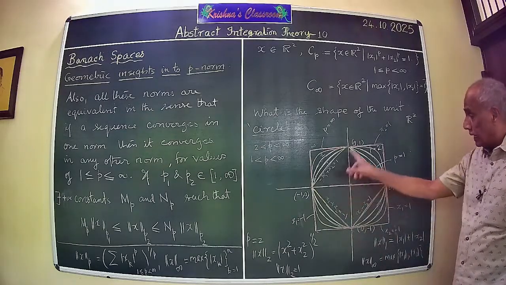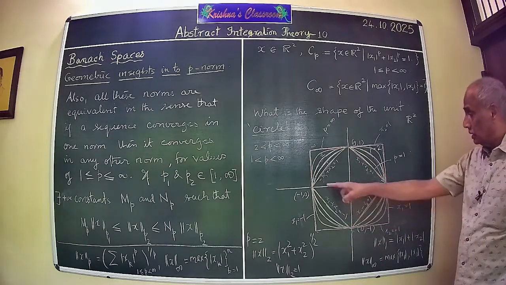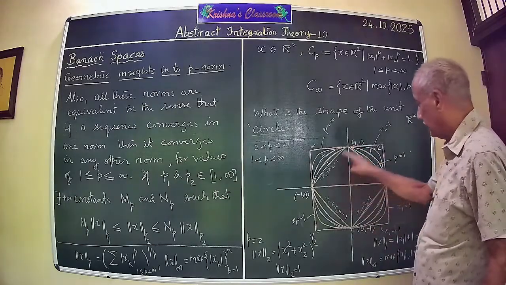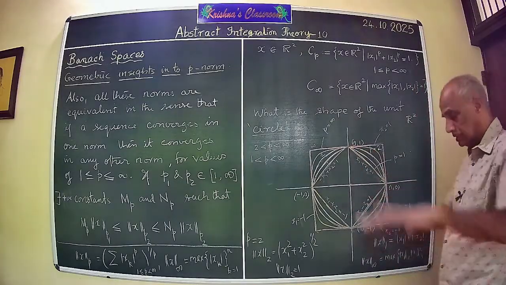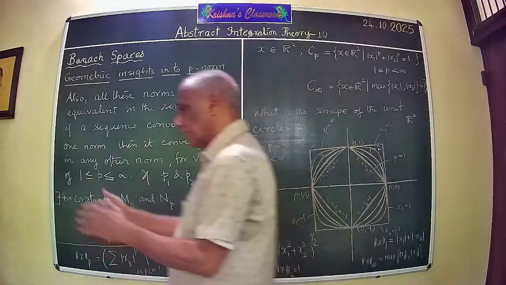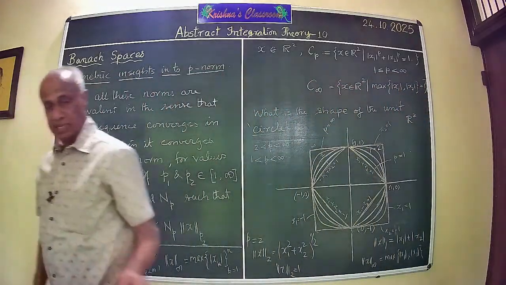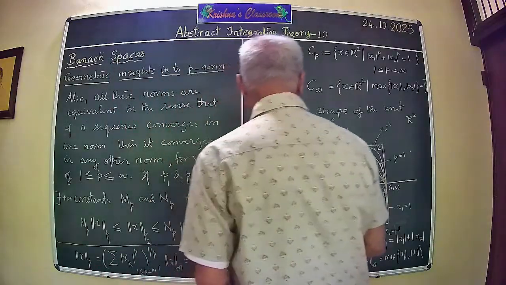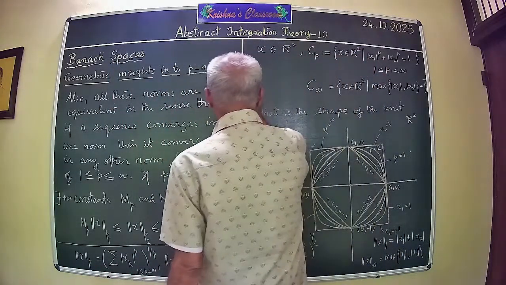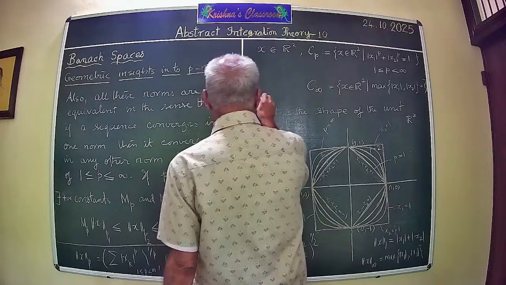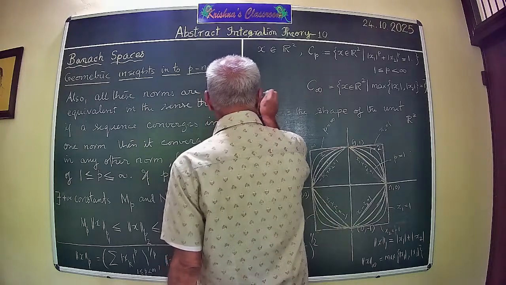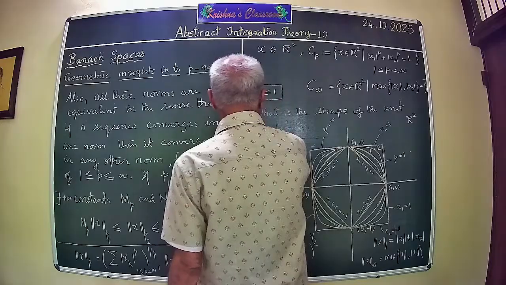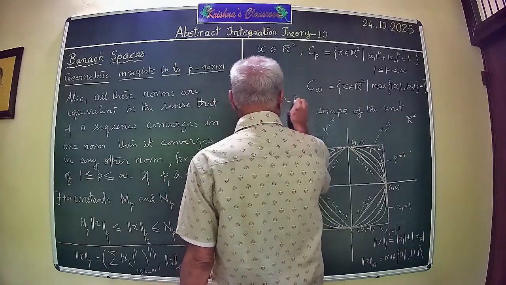So you see that the problem becomes more complicated when you go to three-dimensional space. In all cases, you see that the unit circle or the unit disk that you get, the disk is the completely filled region, having the entire region. So this is the disk. See, the unit disk is actually the set where norm of x, whatever p, is less than or equal to 1. This is the disk. So this you can call Dp.